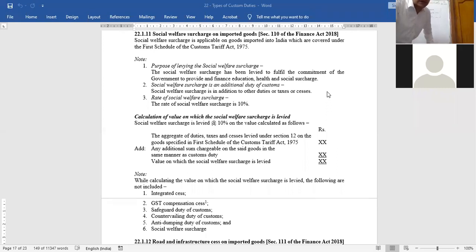All the taxes which are charged under section 12 plus all other similar taxes just like custom duty. And what should not be included? D6. So it excludes what? D6.